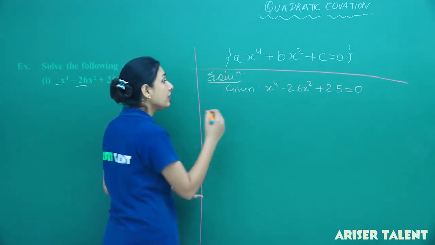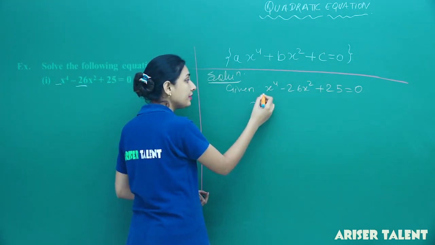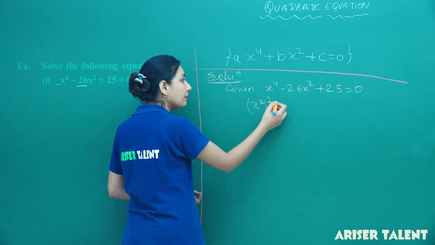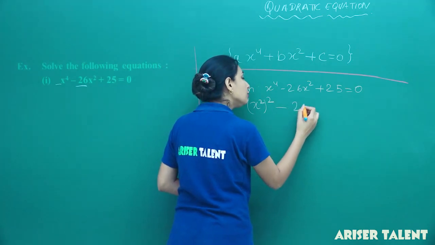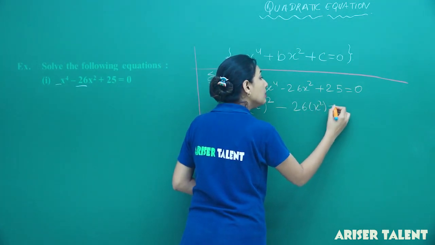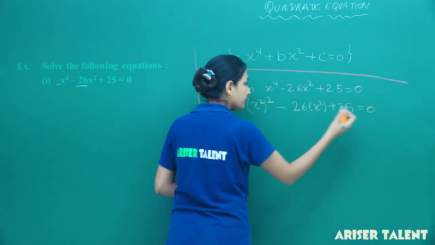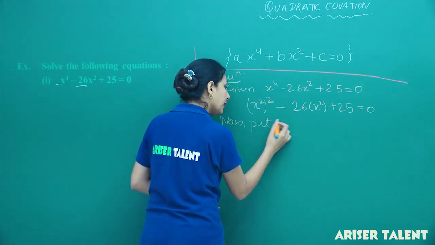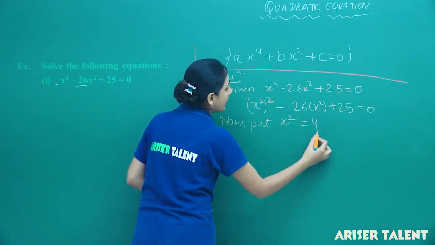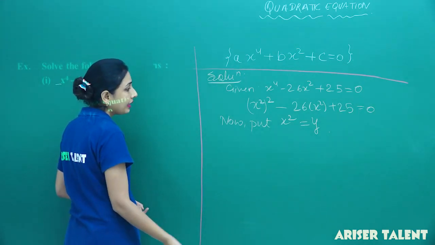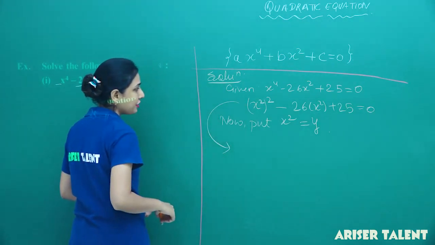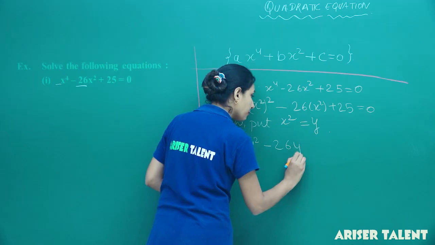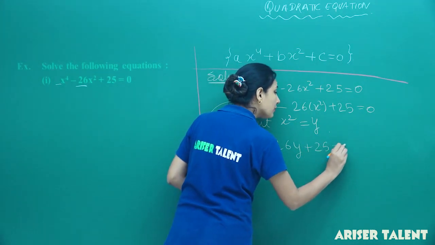Somehow I will modify it in terms of x square, that can be written as x to power 2 whole power 2, that is square, minus 26 x square plus 25 equals to 0. Now put x square equals to y. Now if x square equals to y, then this equation will convert into y square minus 26y plus 25 equals to 0.